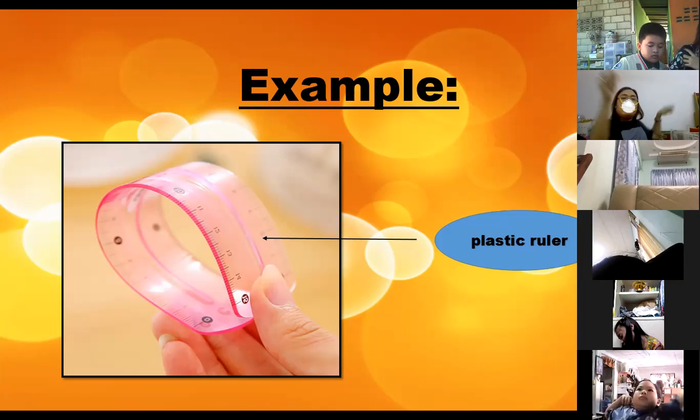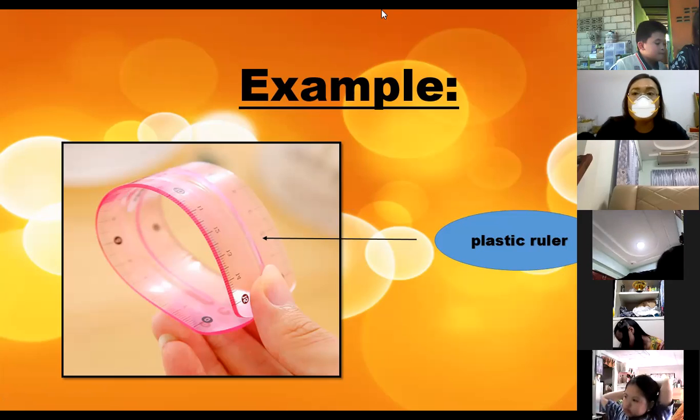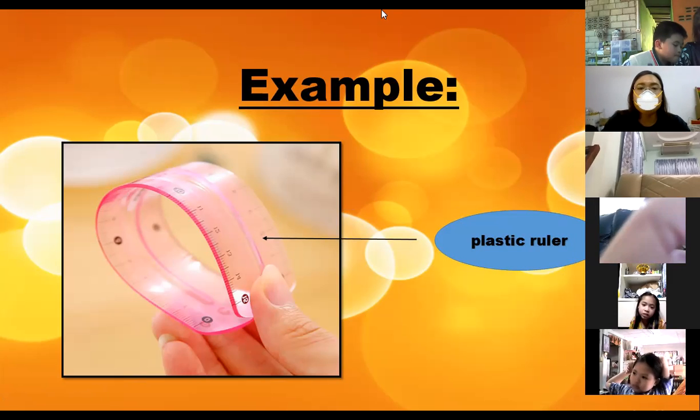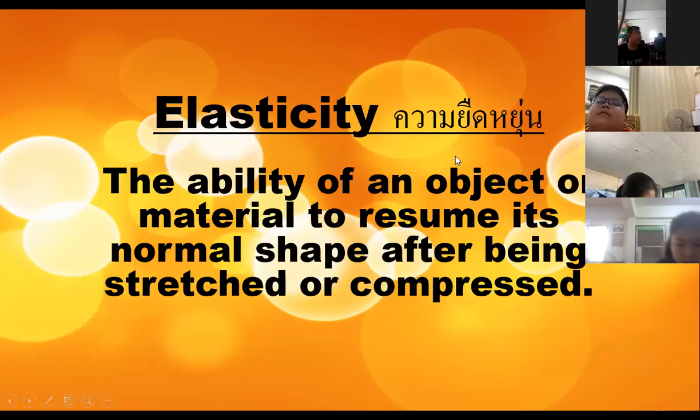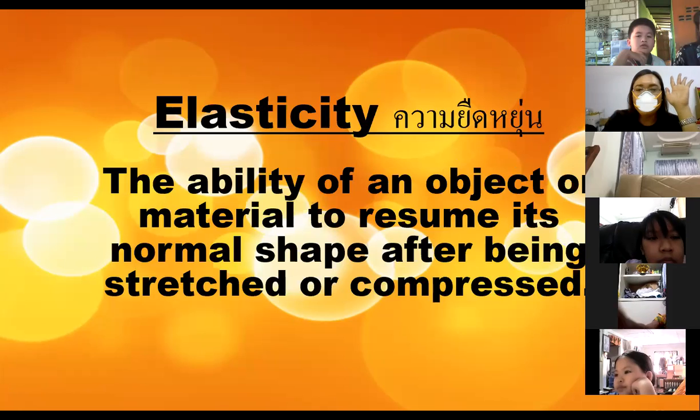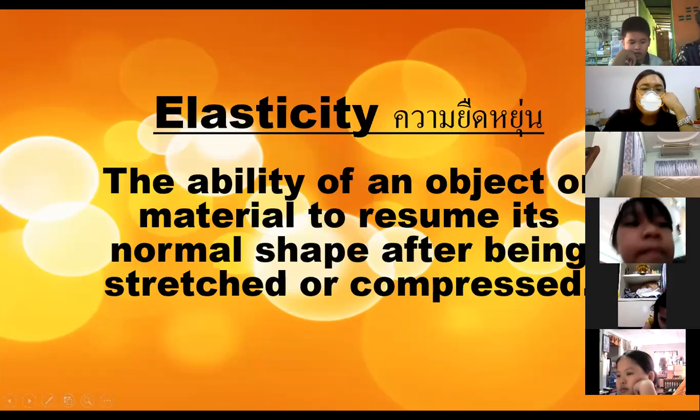Okay. All right, so next, let's proceed to the next one. The last one is elasticity. Okay. Who would like to read elasticity? Who wants to read number 4? Oh, Chompu. Chompu, elasticity.